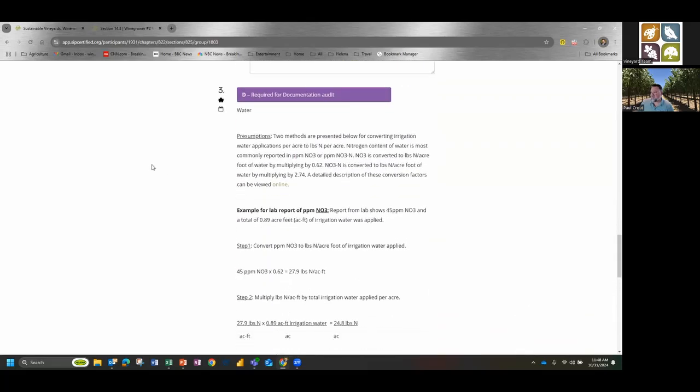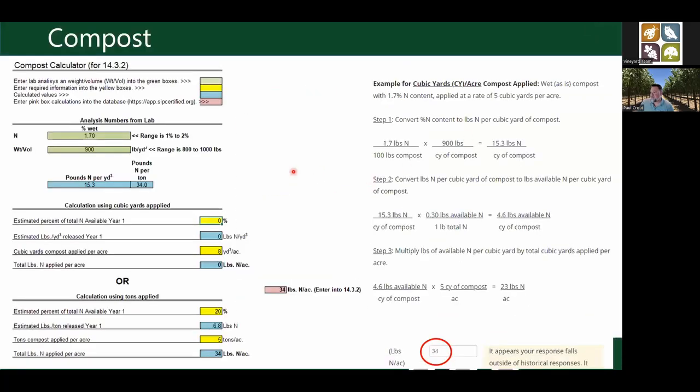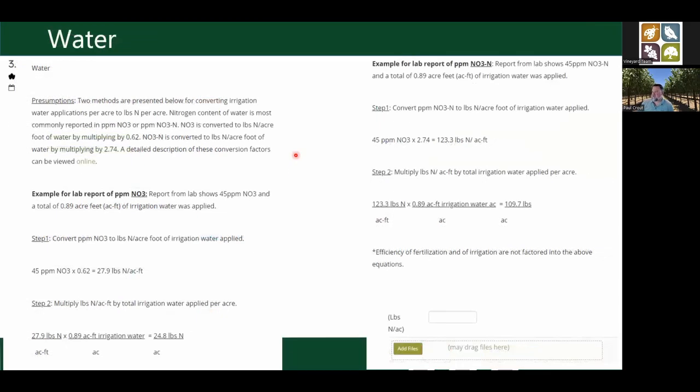And then finally, we're going to enter the amount of water supplied nitrogen. So remember, most of us are all on groundwater here, and groundwater may or may not contain nitrate nitrogen in the water. And so we need to account for that.